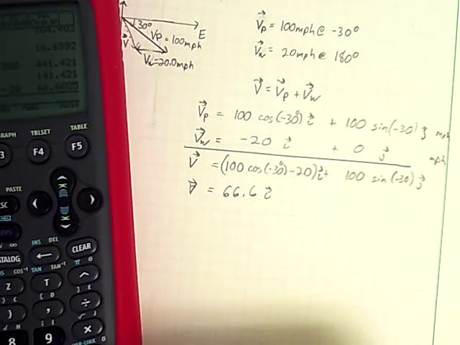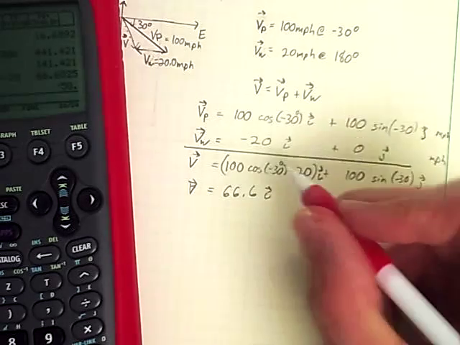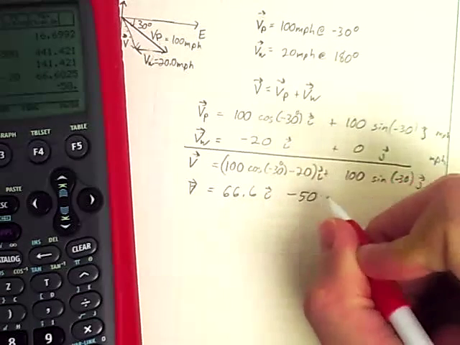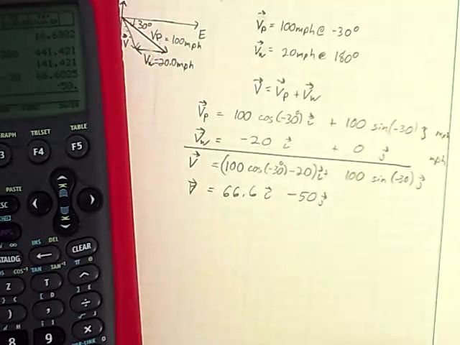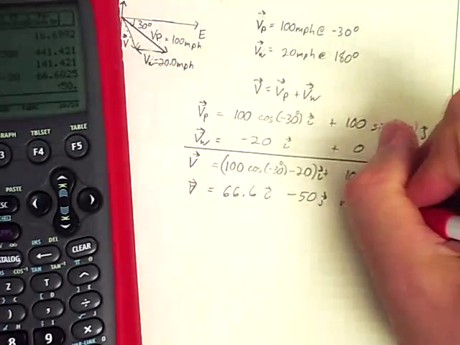And 100 times the sine of negative 30 in the J direction. So it's going negative 50 in the J direction. And so that's it in vector form.